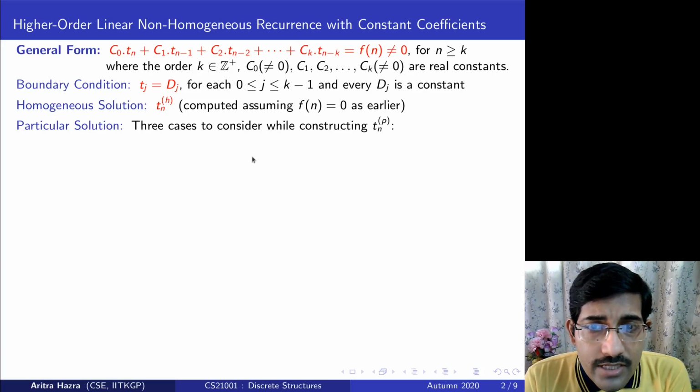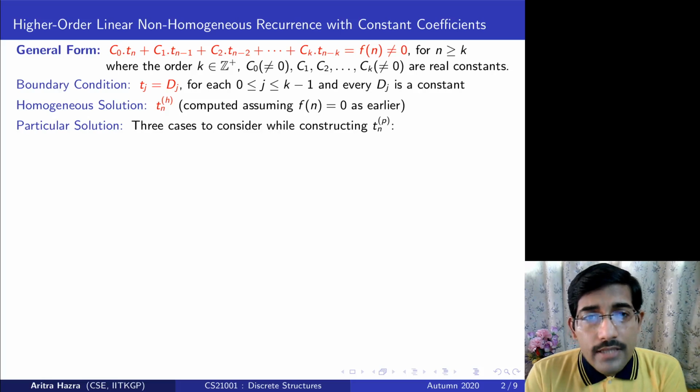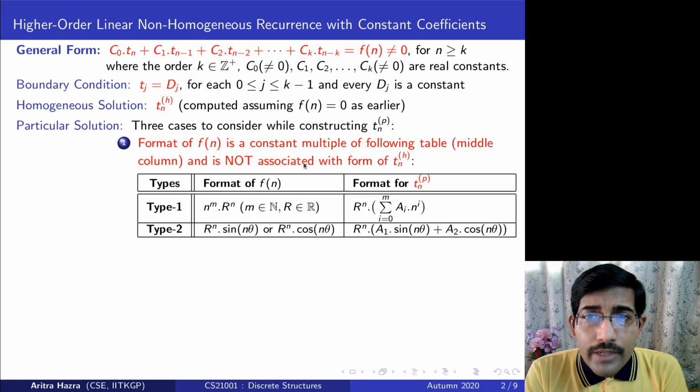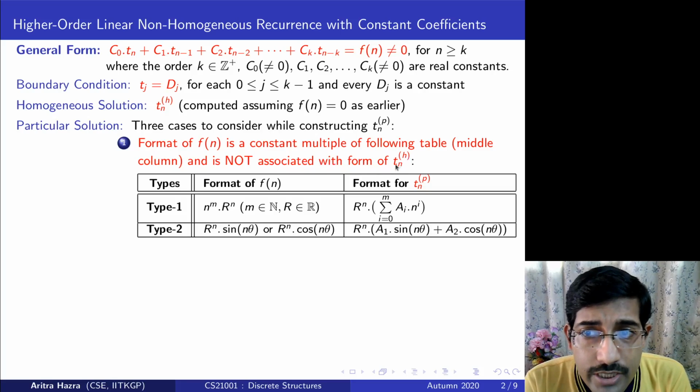So essentially three kinds of cases can happen. First is that whenever you try to form a particular solution, your format of Fn is a constant multiple of the following table, these two types we have defined, and it is not associated with TNH.